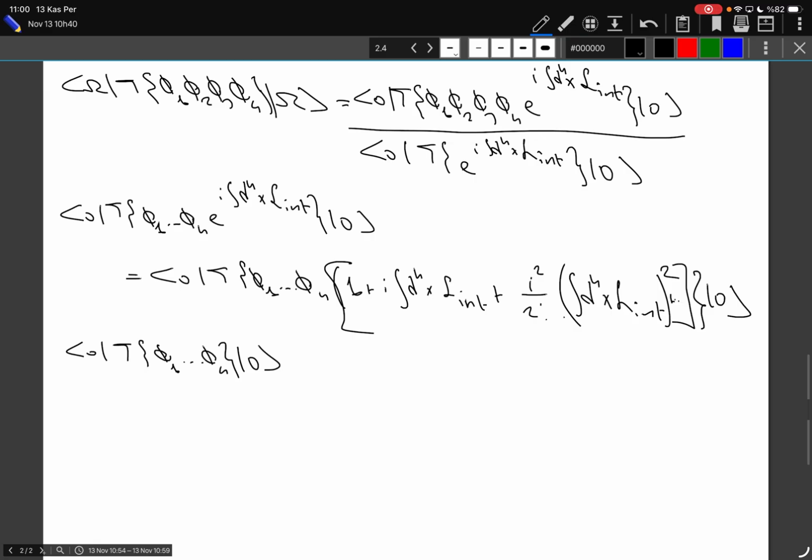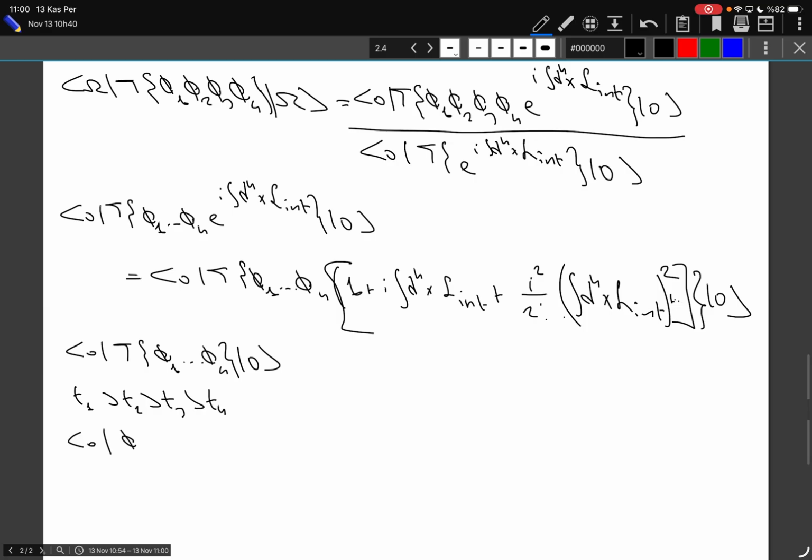Now, what we had done, if you remember our discussion, basically we need to move the annihilation operators to one side, the creation operators to the other side. Let's say that for the sake of argument, T1 is larger than T2, larger than T3, larger than T4. So I will get the vacuum expectation value.